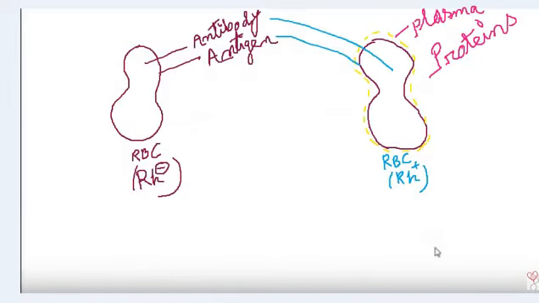Suppose this is a blood cell, suppose an RBC. Blood group is named according to the name of the antigen. This is the antigen, present on the surface of the blood cell, and inside the blood cell or in the plasma, antibody is present. As I discussed in the last video, both antigen and antibody are opposite to each other.